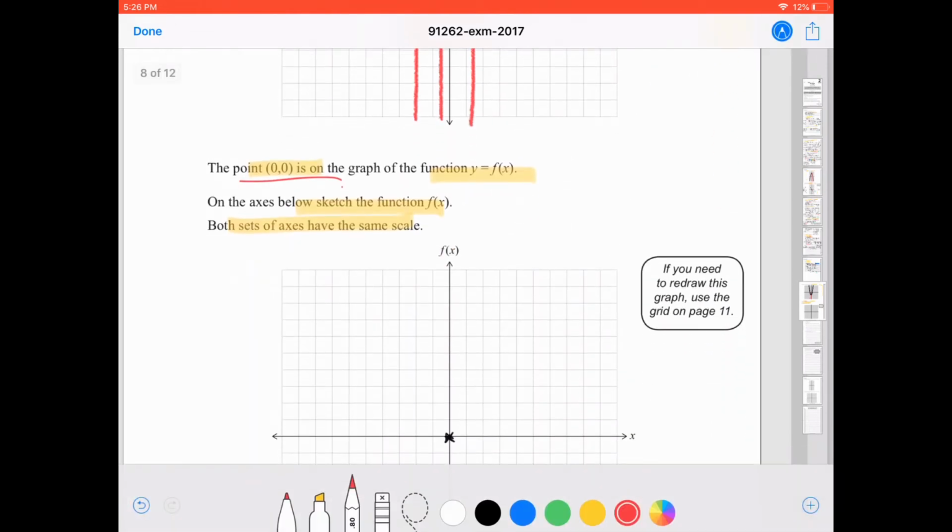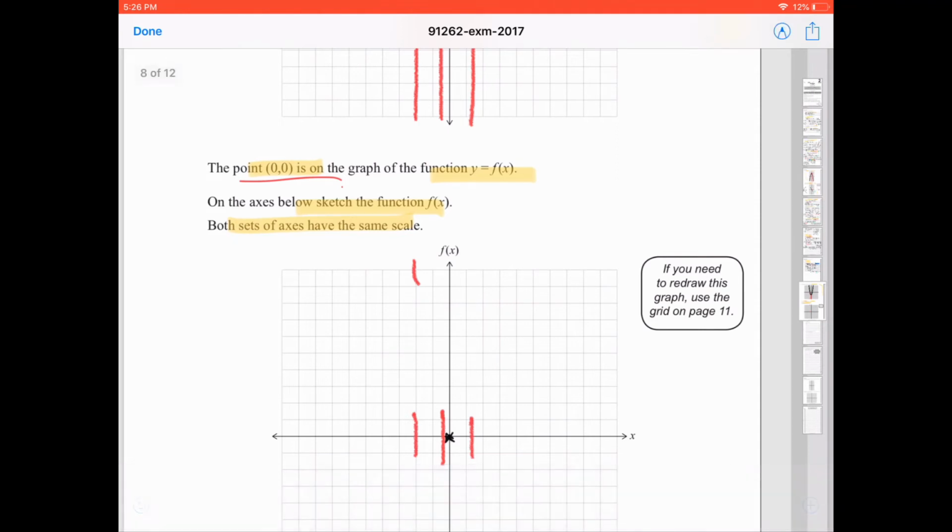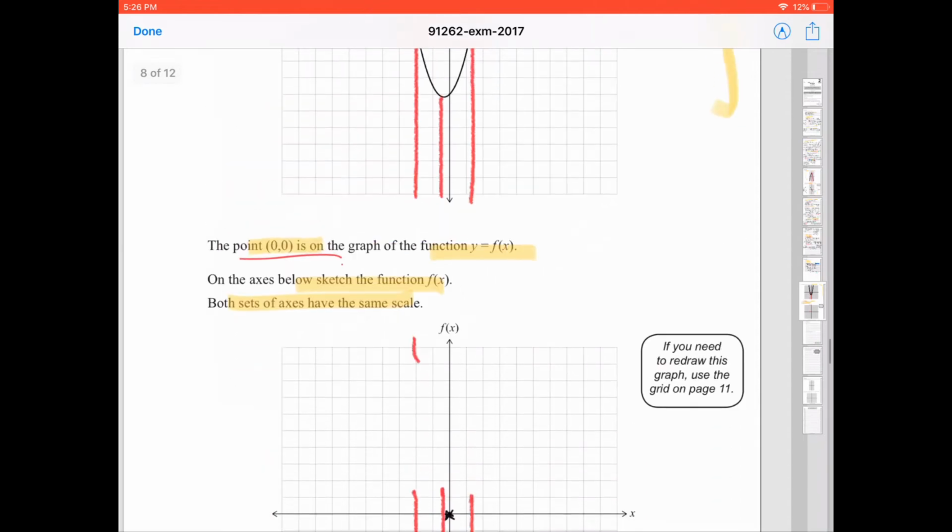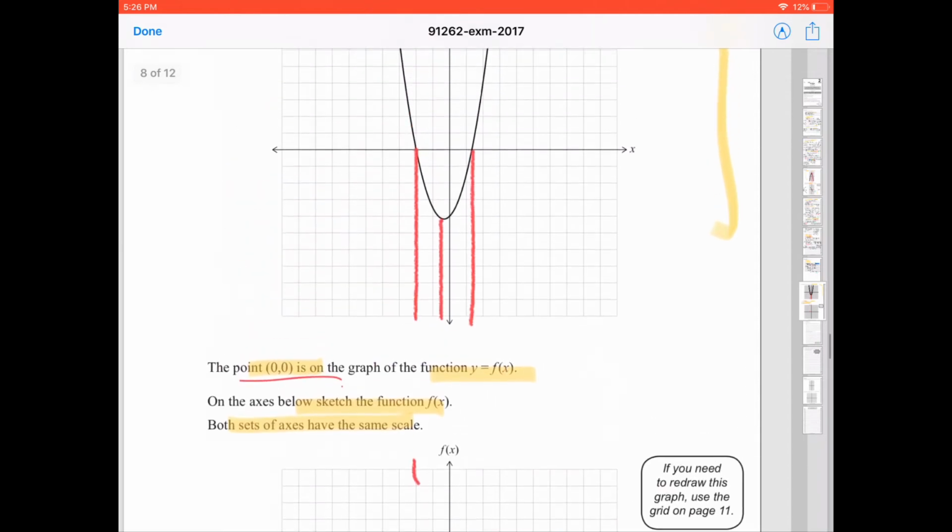Okay, and what have we got? It was in here, right? So there, and I guess there. Is that about right? Yeah, okay, that's good.